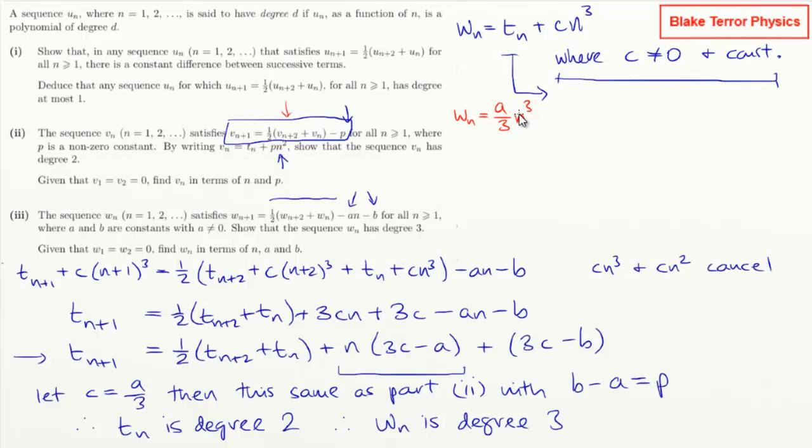Then I've got a next bit, so that Tn is the same as Vn, so I'm going to have a Pn squared in it. So that is b minus a n squared. Okay, so that's done that bit. And then I've got this Tn bit in here.